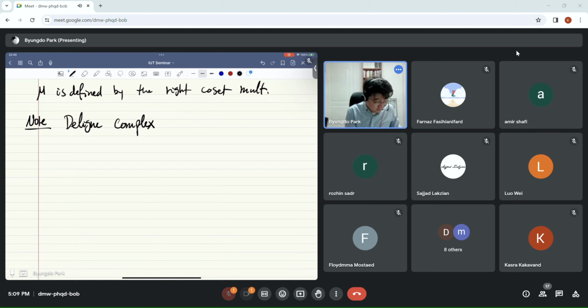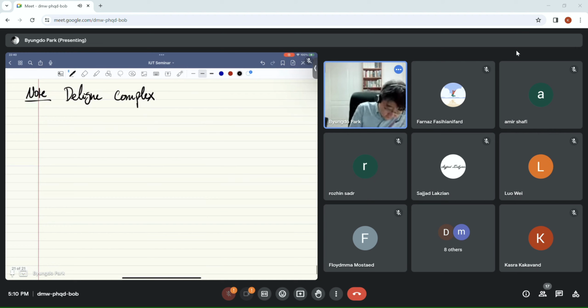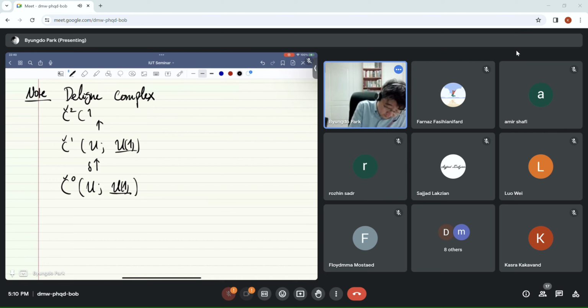I want to draw this diagram. You begin with Čech degree 0 on an open cover, the group U1. Then you take the Čech differential delta, then you go to Čech degree 1 on an open cover with values in U1. Then so on, Čech 2, U1.